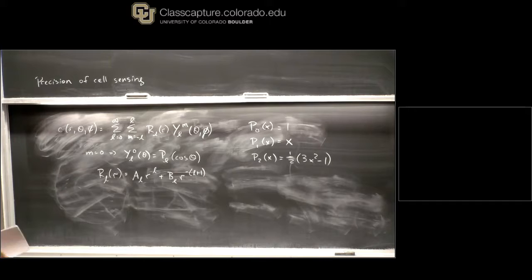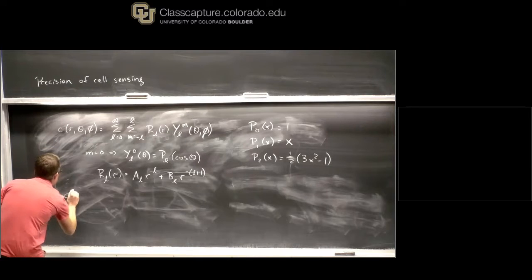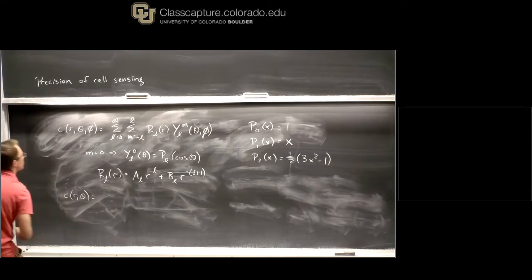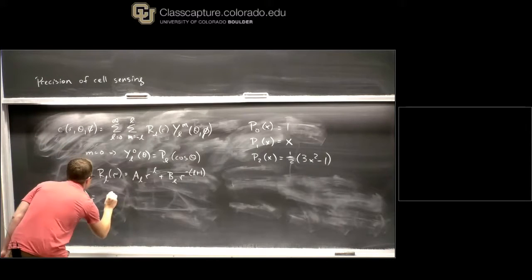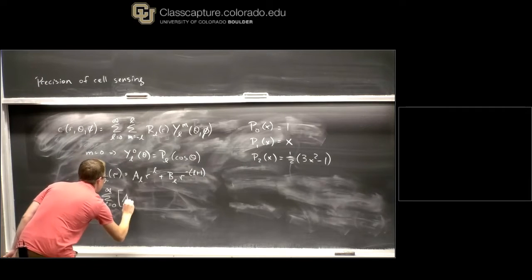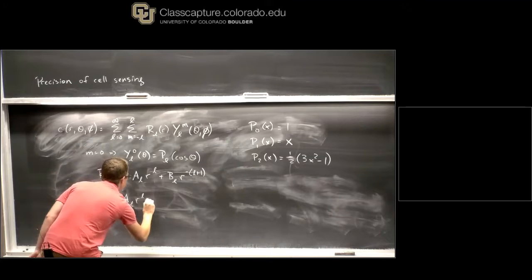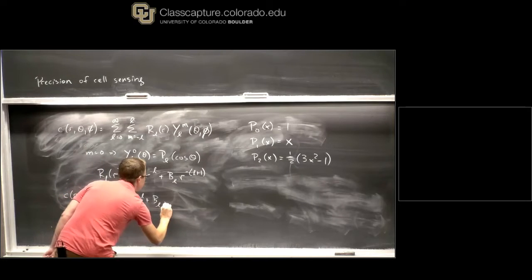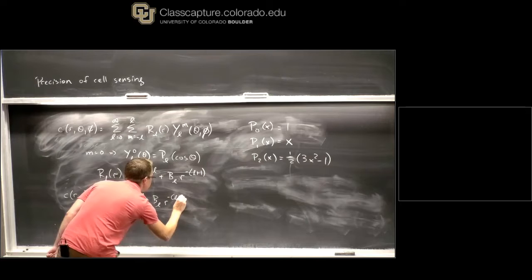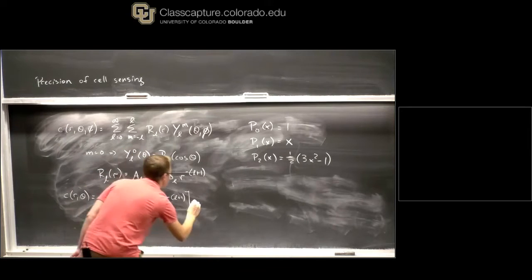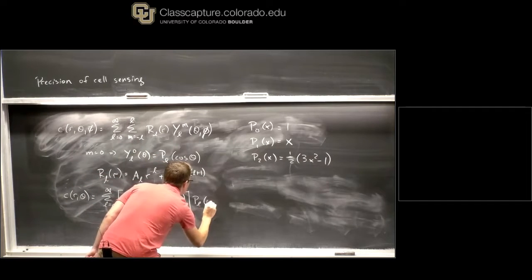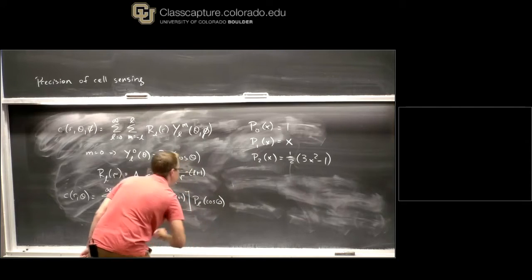Good. So that is to say, obeying the symmetry, we get the sum over L of AL r to the L plus BL r to the minus L plus 1 times PL of cos theta.